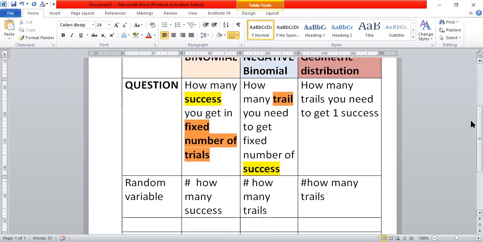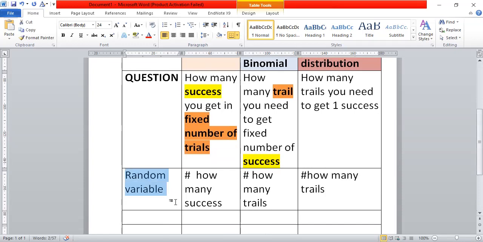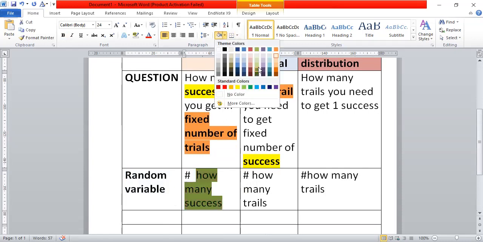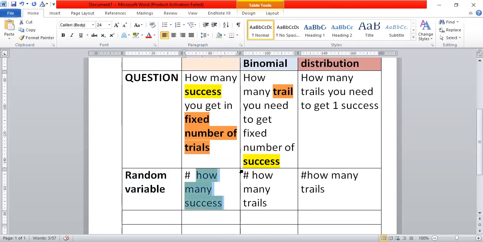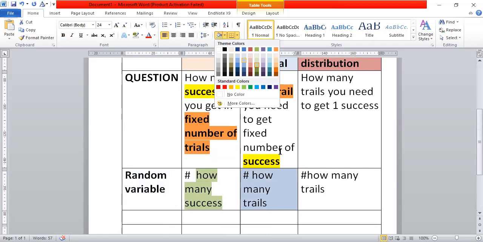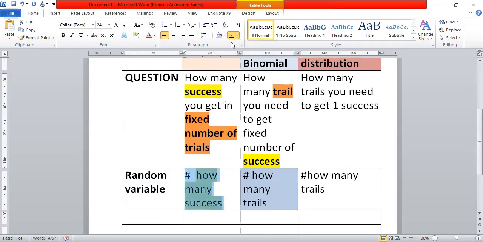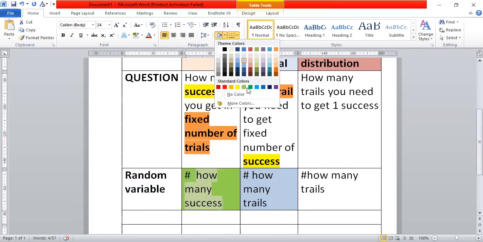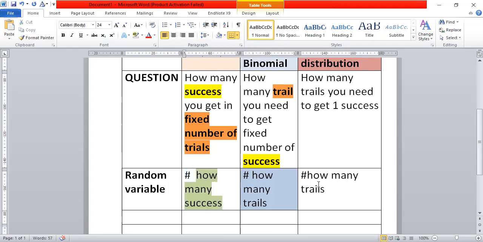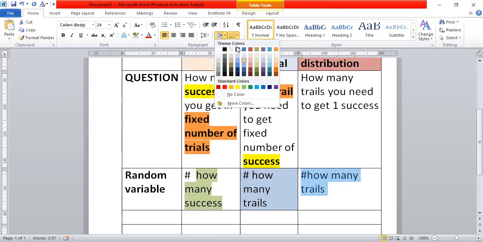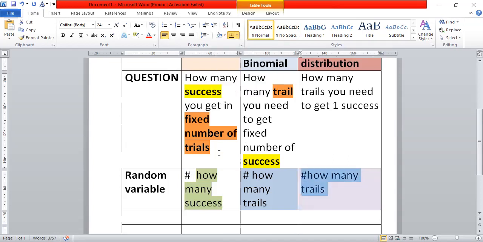When you come to the random variable, in the binomial distribution you are concerned about how many successes. In the negative binomial distribution, you are concerned about how many trials, but here the parameter is changed.